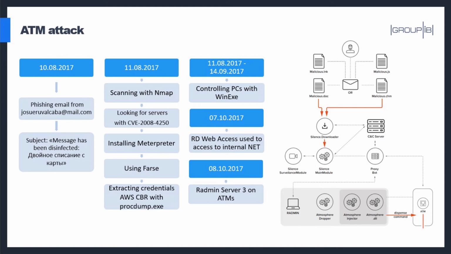This tool consists of three entities called dropper, injector, and Atmosphere's payload. Also, they used their surveillance module to learn how operators or employees of the bank were working, and to compromise employees' machines as the initial vector, they used link files and CHM files.